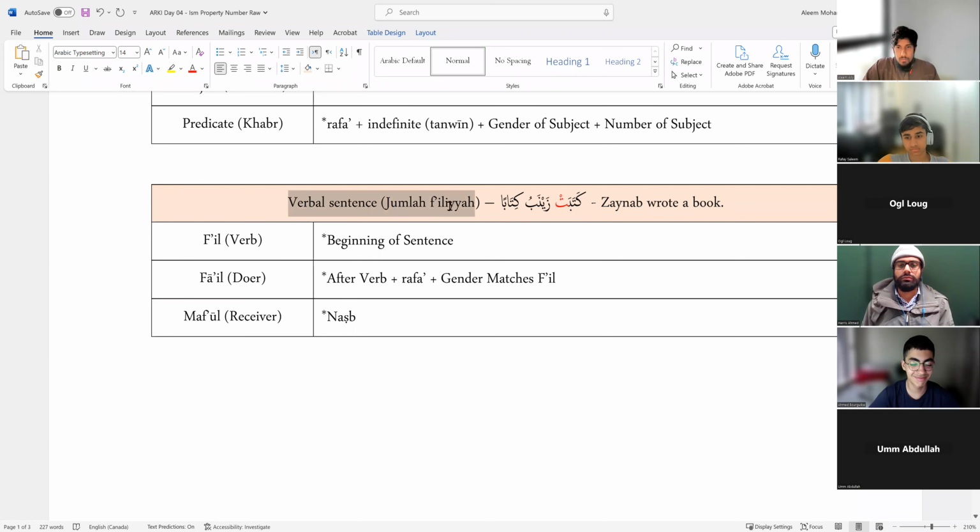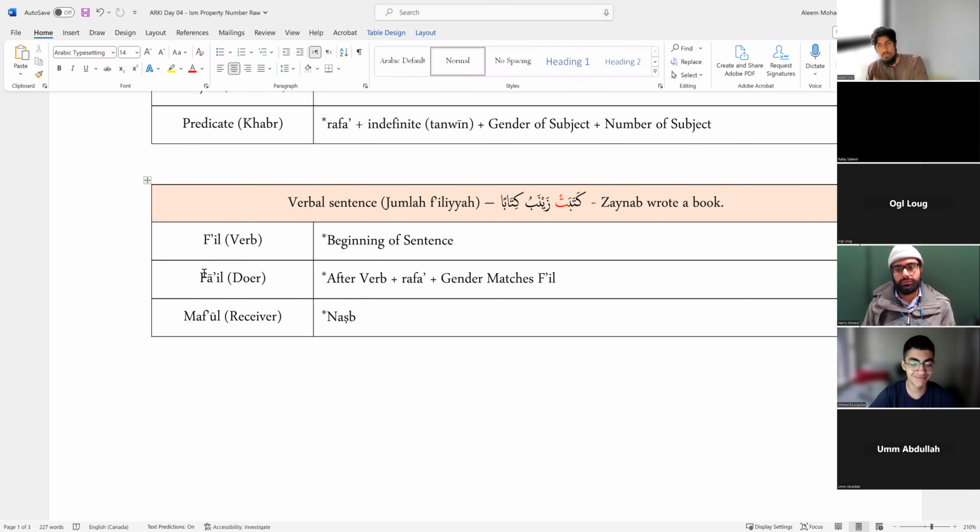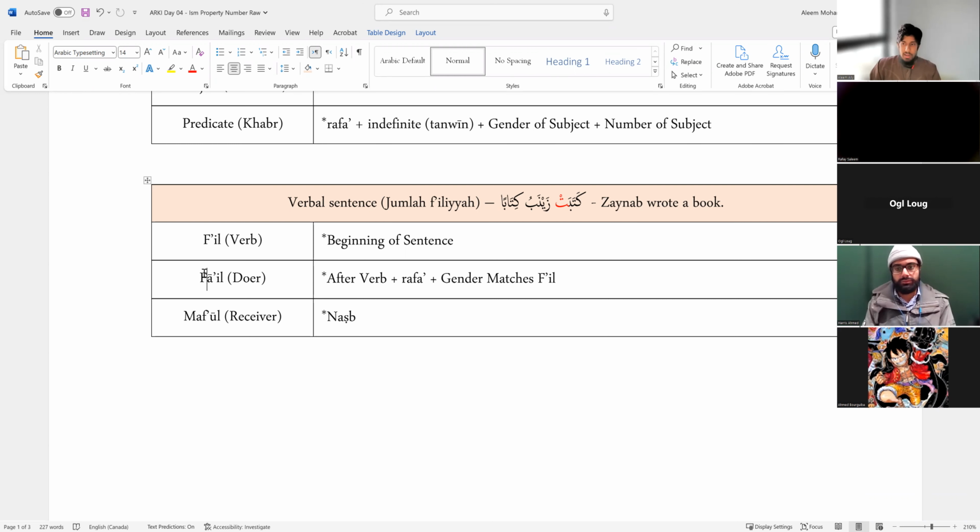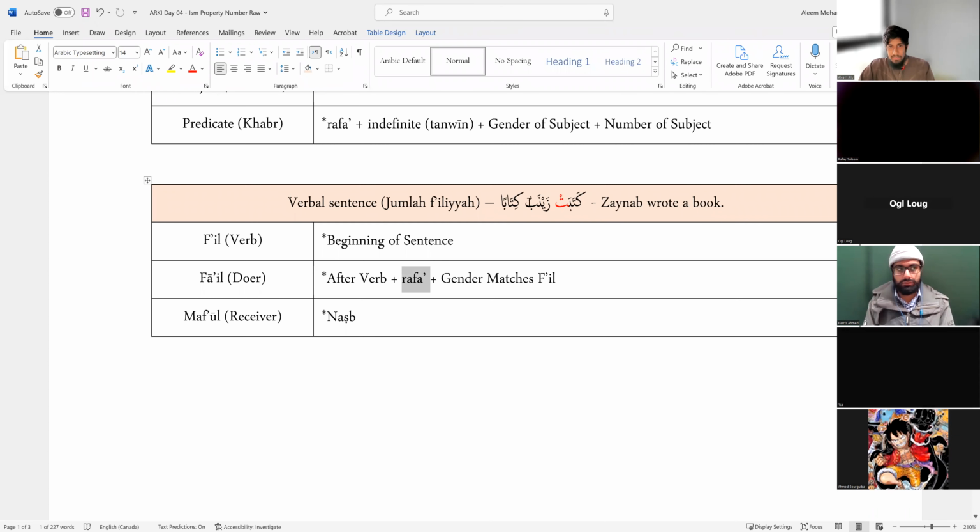Okay, so for the verbal sentence, or the jumla fi'liya, it's going to begin with a fi'il. So your verb itself is going to come in the very beginning. Then there's going to be a fa'il, right? Your doer, because whenever you see a verbal sentence, you have to ask, coming after my verb, who is my doer and who is my receiver, right? Your doer is going to be known by the fact that they're in a state of rafa, meaning they have that dhamma ending right there.